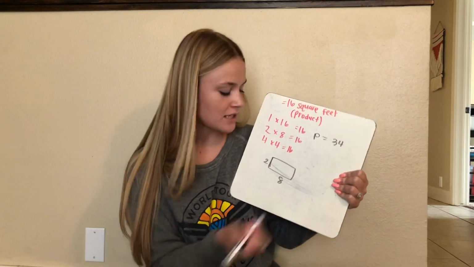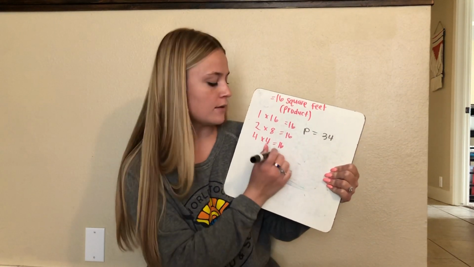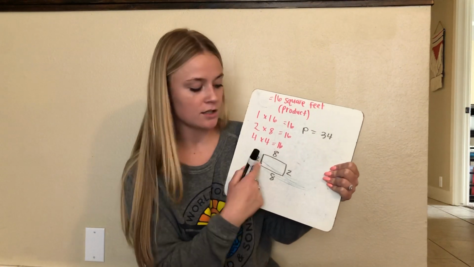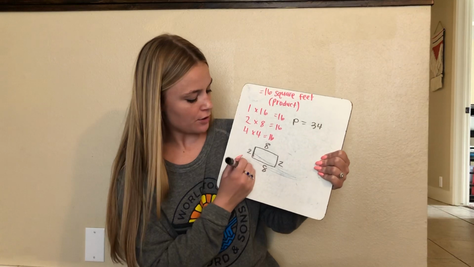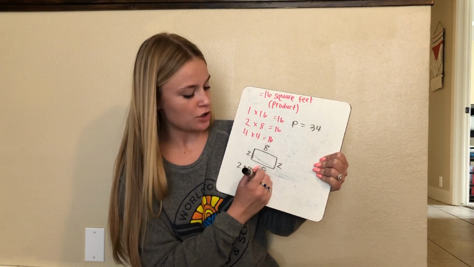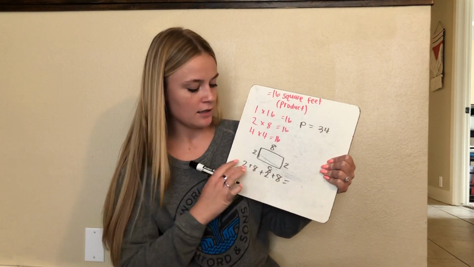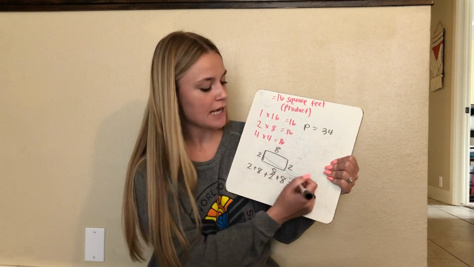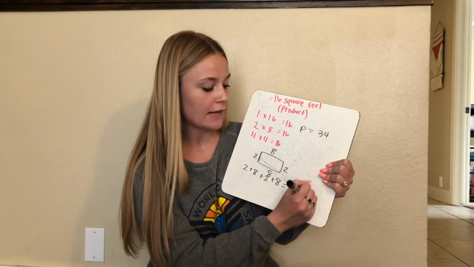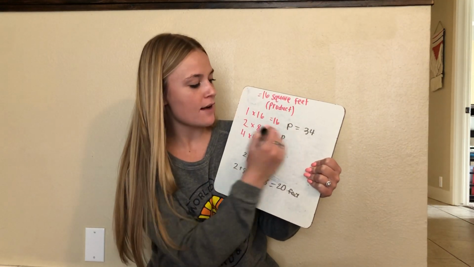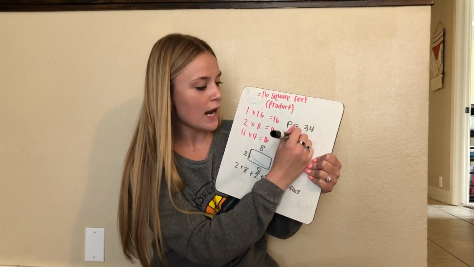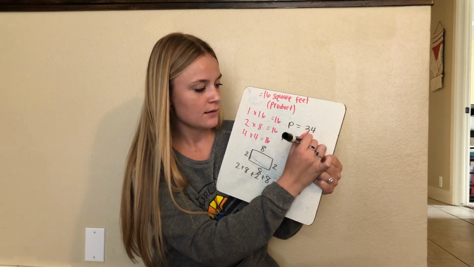Now with rectangles again, that must be 2 and that must be 8 because those sides are equal. So then I would do 2 plus 8 plus 2 plus 8. 2 plus 8 is 10, so 10 plus 10 equals 20 feet.